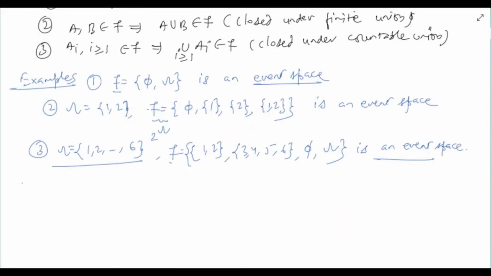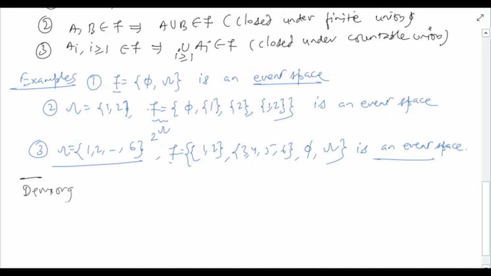At this point, let us recall De Morgan's laws from set theory. According to these laws, if A and B are two subsets of the sample space omega, then the complement of the union of A and B is A complement intersection B complement. Similarly, the complement of the intersection of A and B is A complement union B complement. Before we move further, let us observe a few more properties of event spaces that follow from De Morgan's laws.